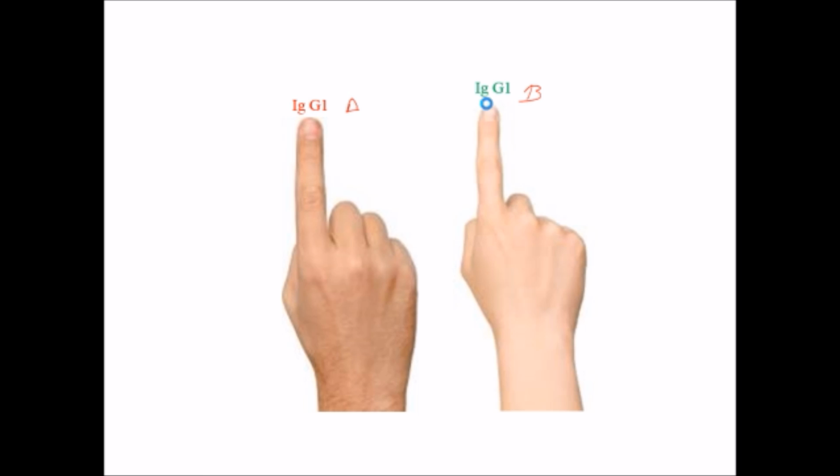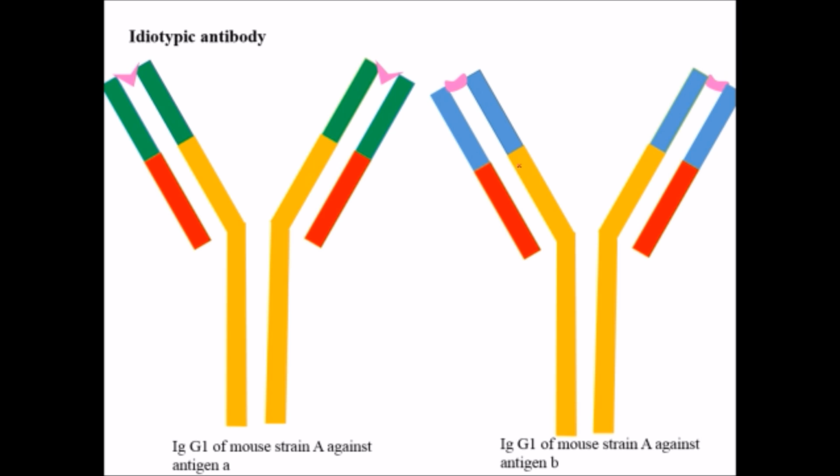Now move to the idiotypic antibody. In the same individual, suppose we have taken a single strain of mouse, which is A, then a single antibody G1 will act differentially with different antigens.